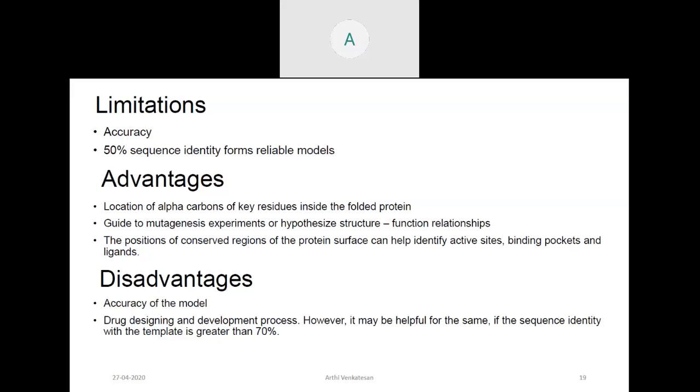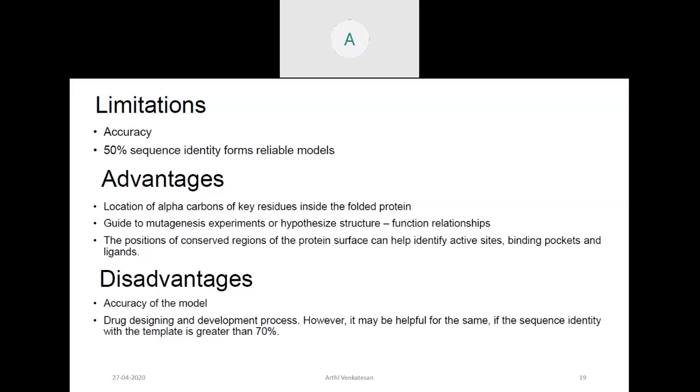For example, it is not that easy to do crystal structures in the current scenario for COVID-19, so you can go for this computational model and then refine the structure easily.